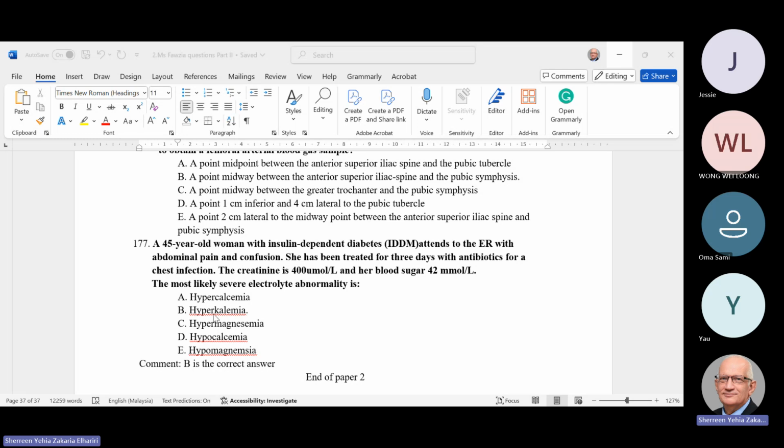So this patient has diabetic ketoacidosis. I don't know why the others make hypomagnesemia the correct answer, but I consulted many doctors and physicians and found the correct answer is high potassium, or hyperkalemia.